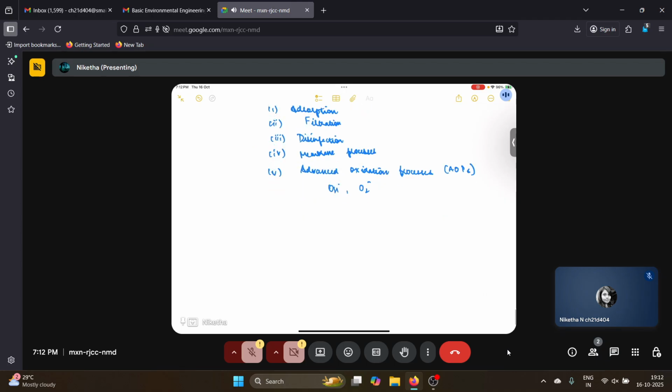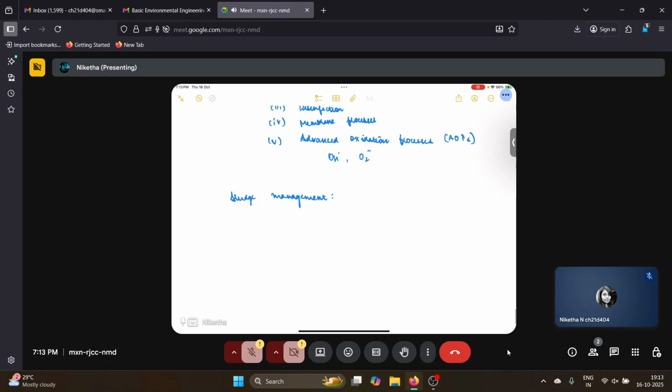Okay, now coming to sludge management. So the specific gravity of sludge is given using the formula 1 by fixed solids by total solids divided by 2.5 plus volatiles by total solids by 1.